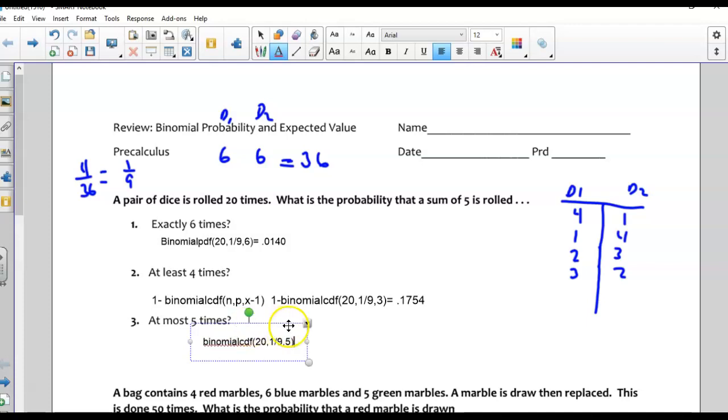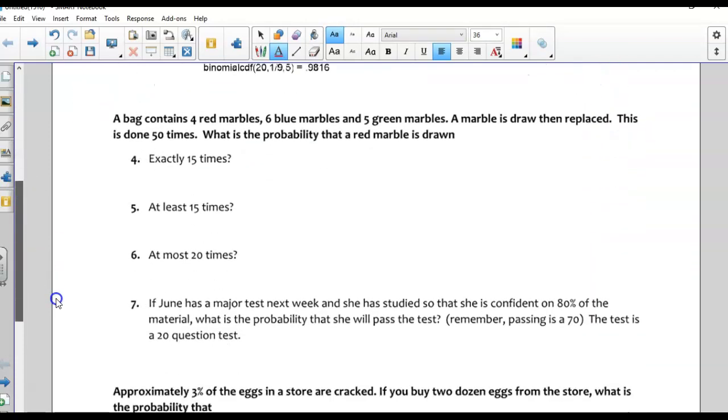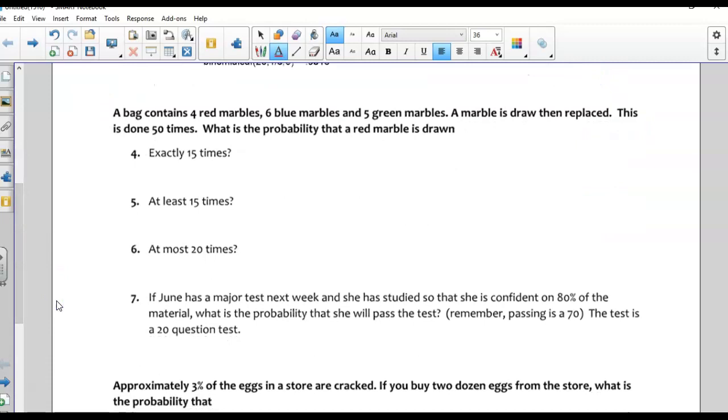We'll punch that in. When you do that in your calculator, you should get 0.9816, or 98.16%.